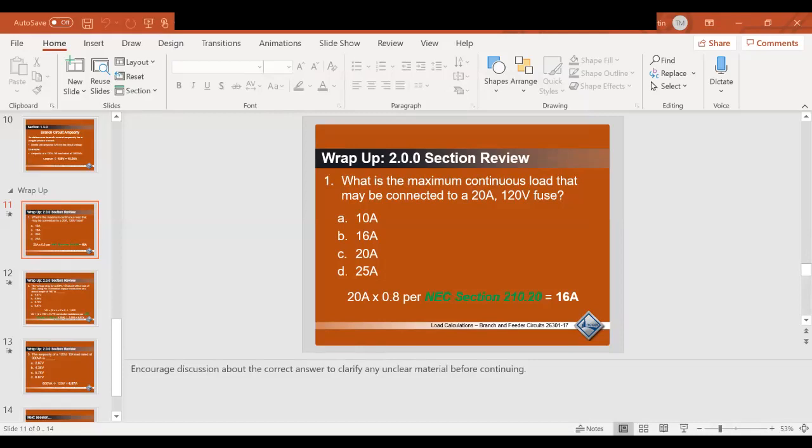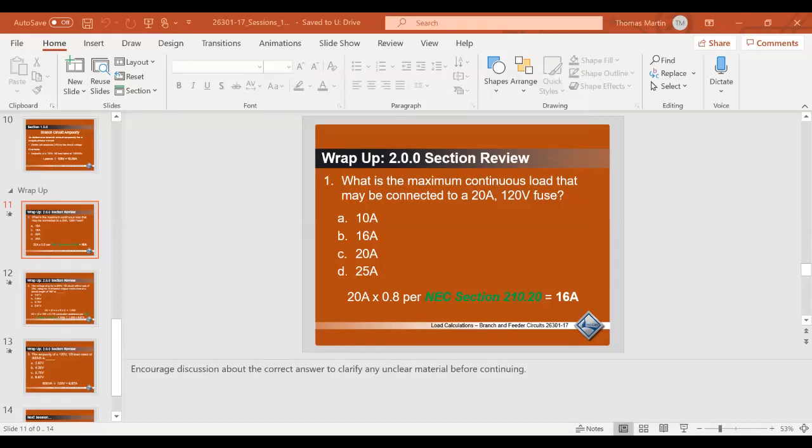All right, so what is the maximum continuous load that may be connected to a 20 amp, 120 volt circuit? We just determined that based off of the 80%. So that's where that math comes in. So if you have a 20 amp, 120 volt. Now, why is that?